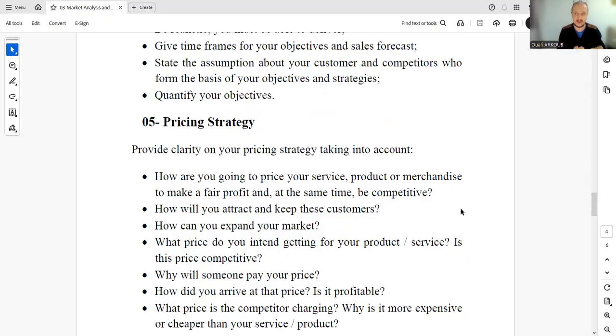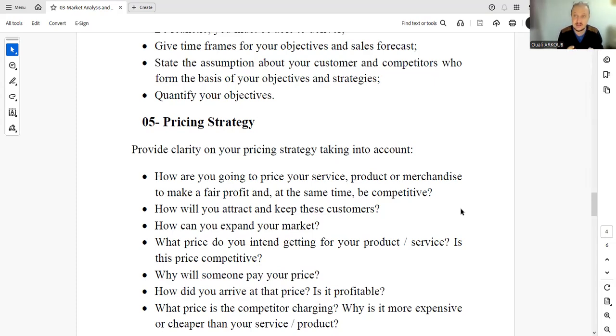It's very important to give a fair price to make a profit and be competitive. Also, how will you attract and keep these customers?